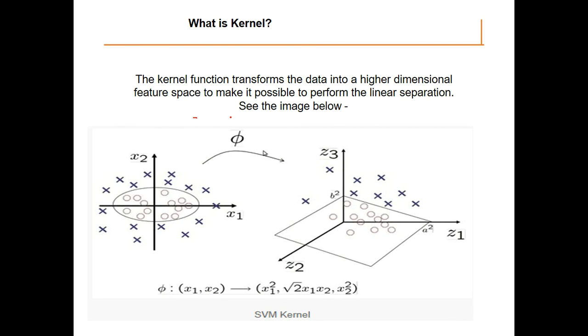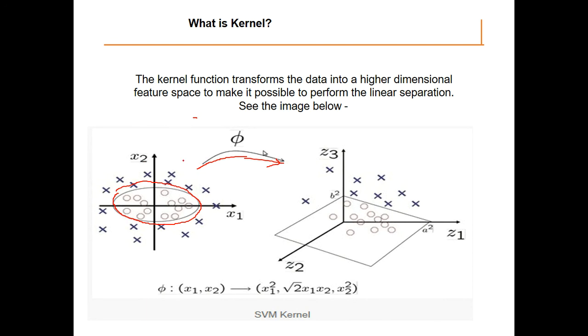This is a common concept that if you transform the data set into higher dimension, the non-separable data may be separable. For example, you have two classes separate here in a scatter plot. It is separated by a model like an ellipse. Here you have two dimensions, x1 and x2.